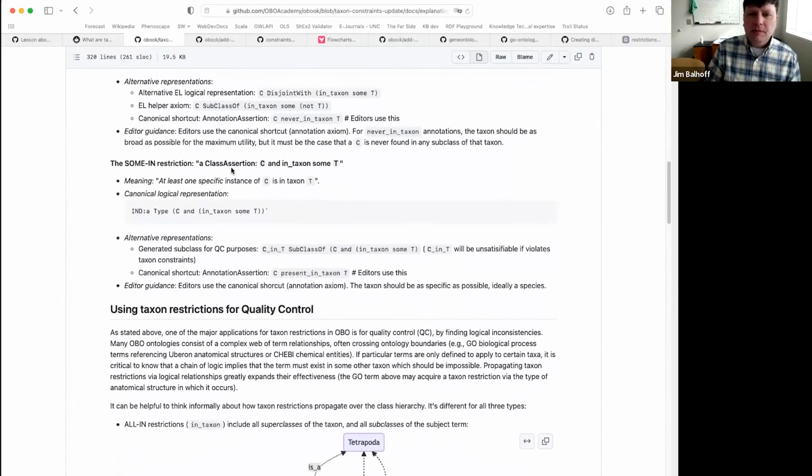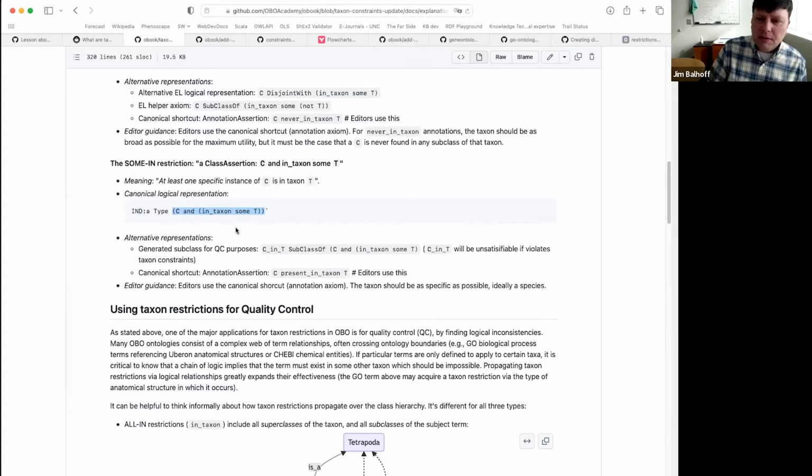So then a some-in assertion, saying that there is at least one instance of C that's in taxon T. There are a couple of ways you could, in your ontology, create an individual like this individual A and say it has the type C and in taxon T. That way, if you ever added some other restrictions that made that impossible, then your ontology would become inconsistent.